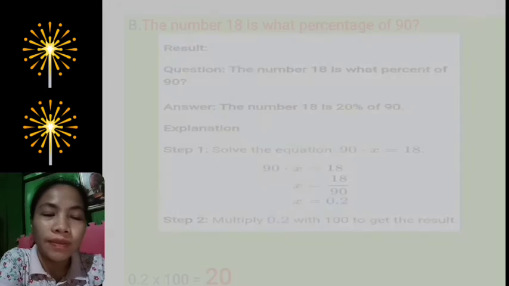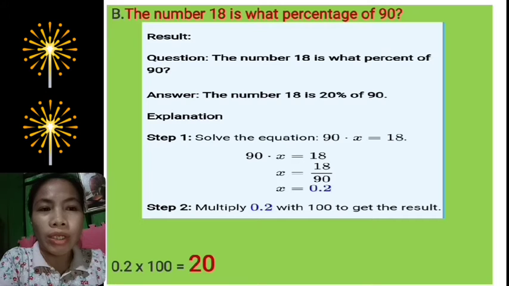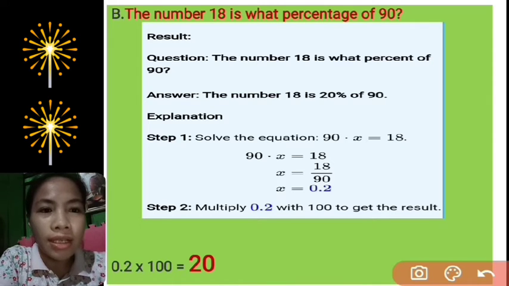Next example: the number 18 is what percentage of 90? Step 1. Solve the equation 90 times x is equal to 18, so x is equal to 18 over 90. 18 divided by 90 is equal to 0.2.